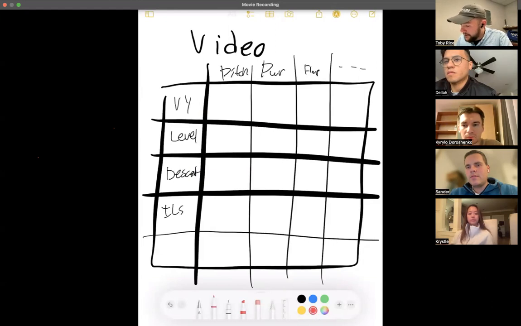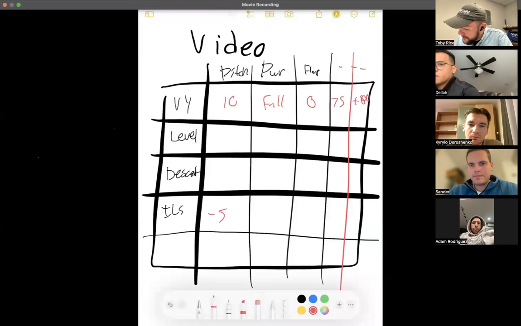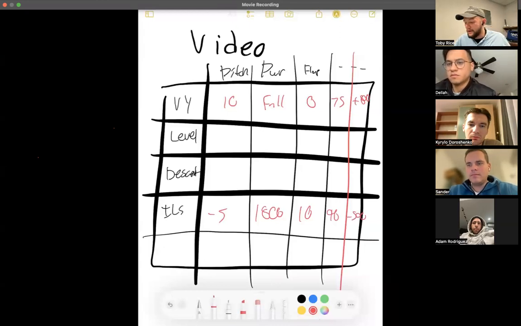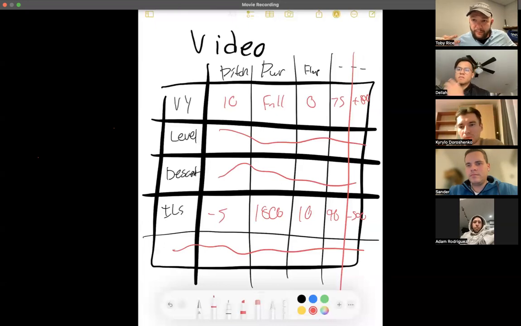By the time it's all done, you might have VY pitch is 10 degrees, power full, flaps 0, and it's going to give you an airspeed of 75 with a climb rate of 800 or something. An ILS is pitch -5, power 1800, flaps 10, speed 90, and descent 500 or something. You fill out the whole thing and you fly with it. It's very good. Every day you fly, it may be a little bit different, but this is the best way to do it, 100%.